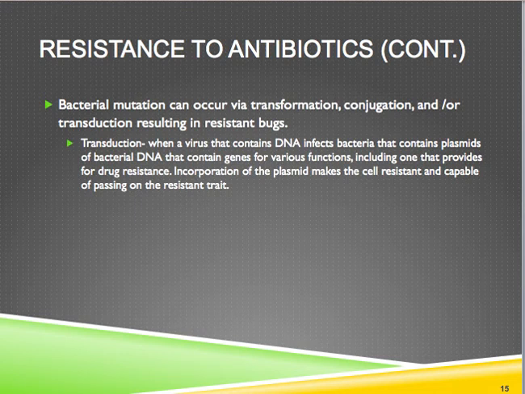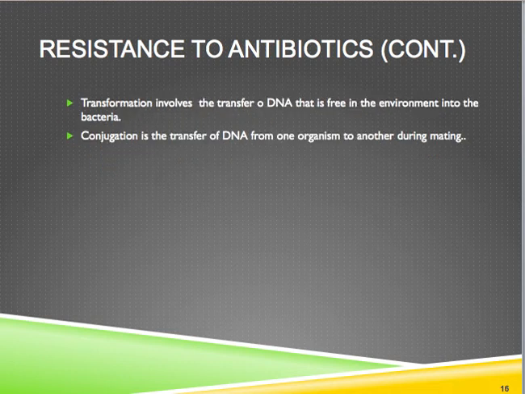Incorporation of the plasmid makes a cell resistant and capable of passing on that trait. Transformation involves the transfer of DNA that is free in the environment into the bacteria. And then conjugation is the transfer of DNA from one organism to another during mating. And over time, this exchange of genetic material is making the antimicrobials less effective.